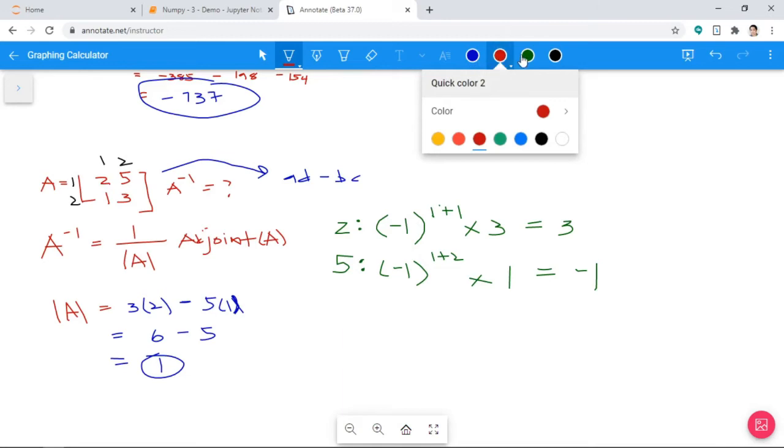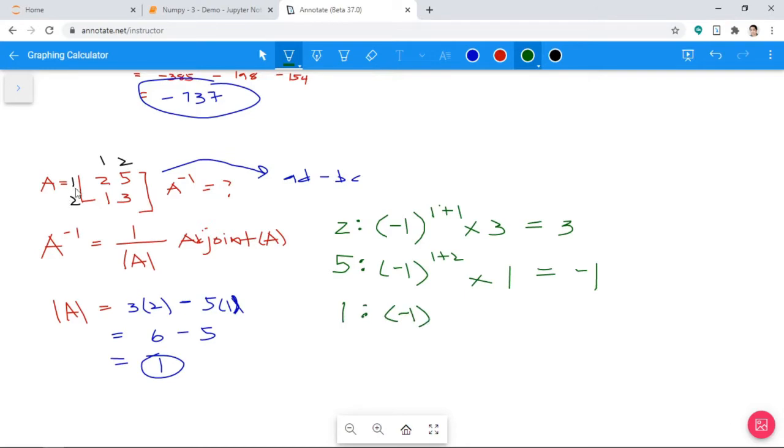So again, let's derive the cofactor of 1 here. So we have 1. So again, negative 1, and we have row 2, so this one will be 2 plus 1, times... I'm concerned with 1. Okay, so this one is 3.